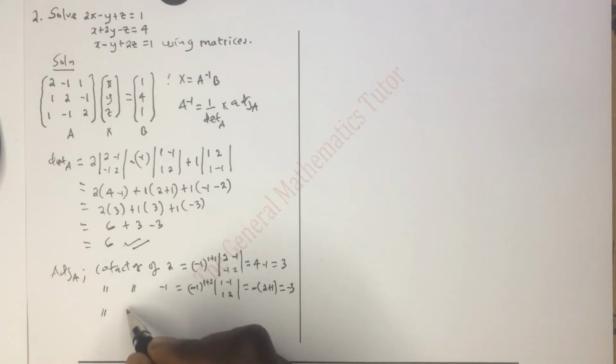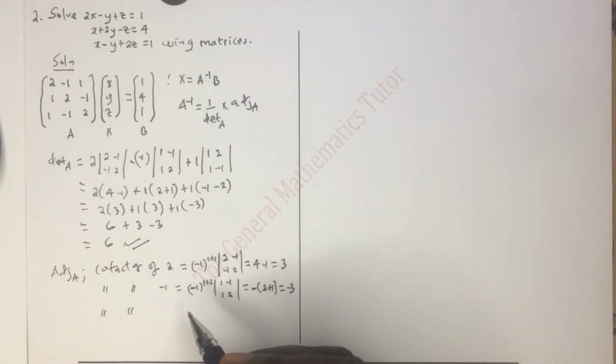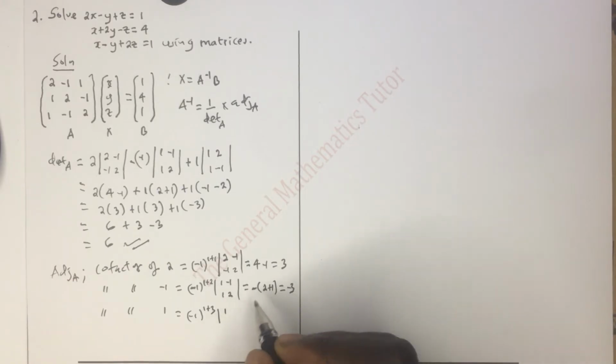Then we go to the cofactor of the next element, which is 1. 1 is in row 1, column 3, and the small matrix that is left when you cover its row and column is 1, 2, 1, negative 1. This is even, so the negative will disappear. You're left with 1 times negative 1, that is minus 1, minus 2 times 1, that is 2.